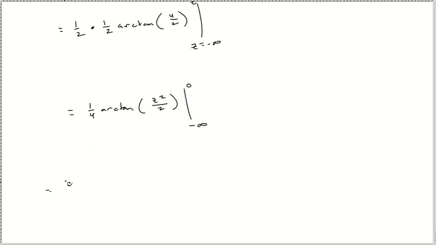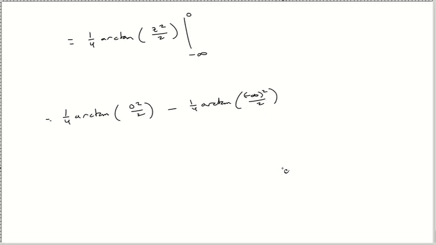I'm going to plug these in. And so then I got 0 squared over 2, minus 1/4 arctan of negative infinity all squared over 2. And there you go. All right, cool.